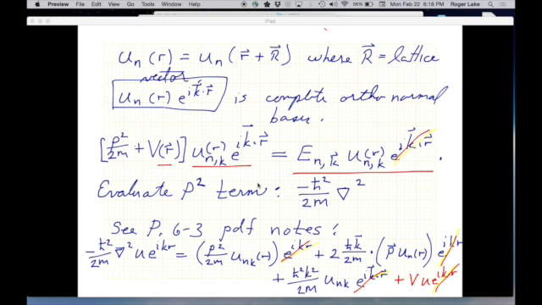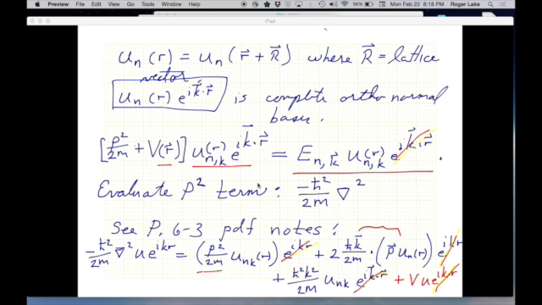And now you just have an equation for the u, the periodic part of the Bloch function. Because, you know, the e to the i k dot r is kind of a trivial term. And if you look, here we have a k dot p, hence the name of the theory. We've picked up something new that wasn't in Schrodinger's equation before.